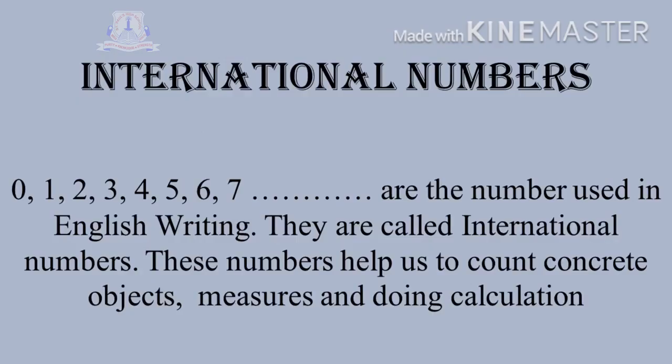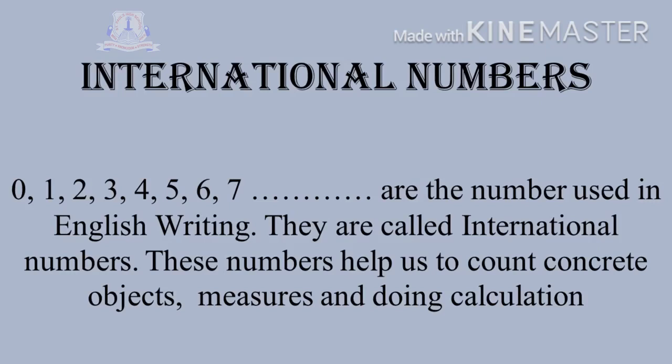Understood, children? So, before we begin with our next topic, I will tell you what numbers are used in English writing. 0, 1, 2, 3, 4, 5, 6, 7 and so on are the numbers used in English writing.